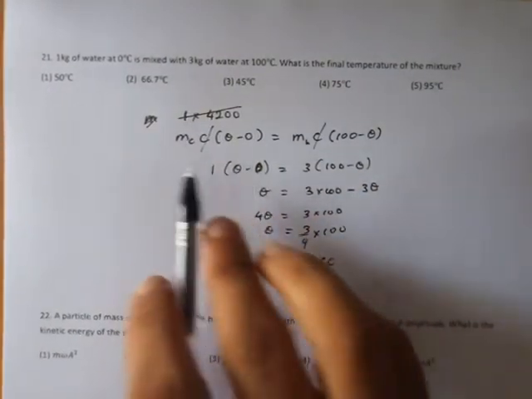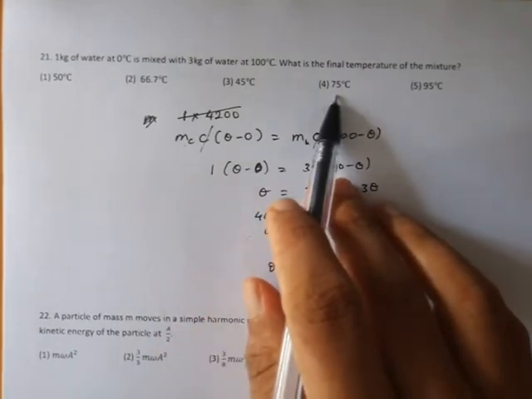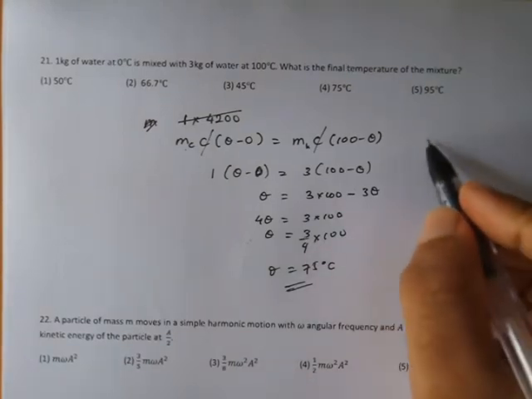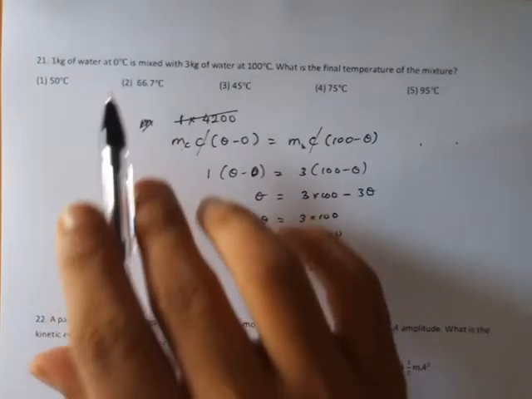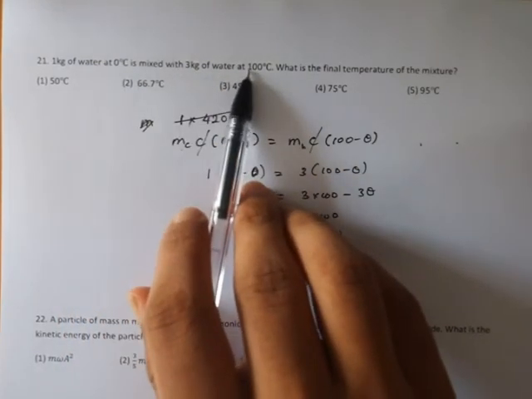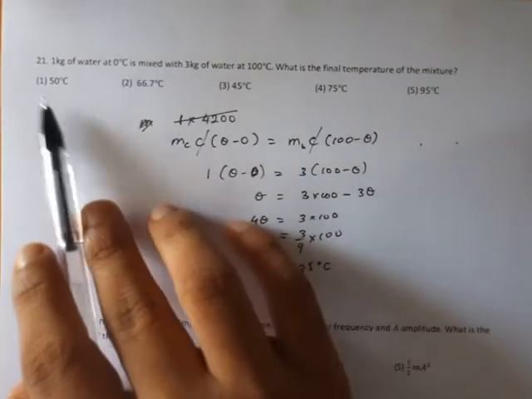So here the mass ratio is 1 to 3. If the mass ratio is 1 to 3, the temperature is 75. For example, if I mix 1 kilogram of 0 Celsius water and 1 kilogram of 100 Celsius water, so mass ratio 1 to 1, then we get a temperature of 50 Celsius.